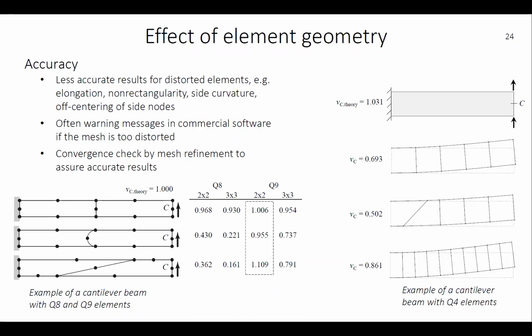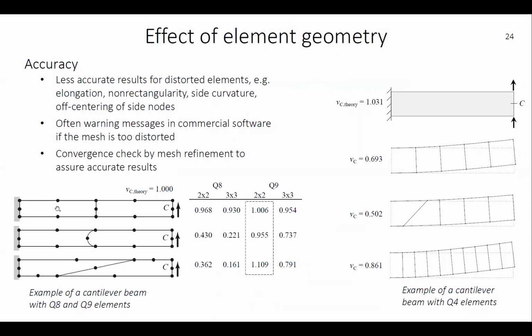Here's another example of a cantilever beam. It's a rather common example because it's a fairly simple system, but it could be good to illustrate the efficiency of different elements. To the left, we have Q8 elements, so second order elements.